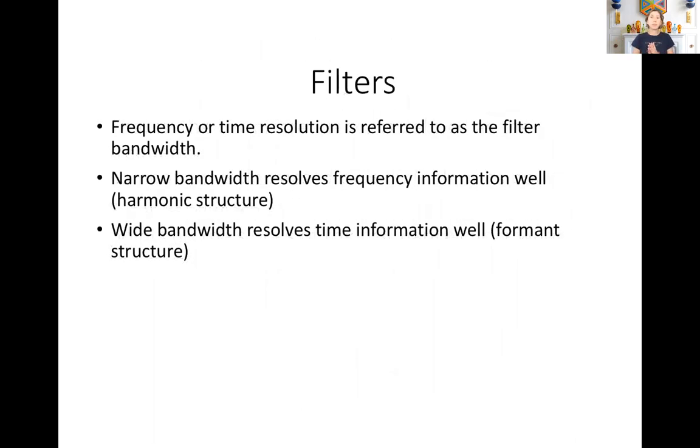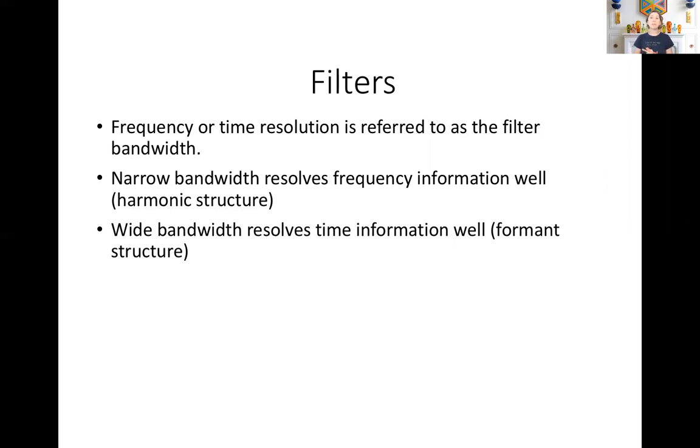Okay. And so formants, as we know, act as bandpass filters, and those are characterized by their center frequency and their bandwidth. The center frequency is the midpoint or peak of that filter. So this is the frequency that is allowed to pass with the greatest amplitude. The bandwidth is the range of frequencies between the low and high pass cutoff frequencies.